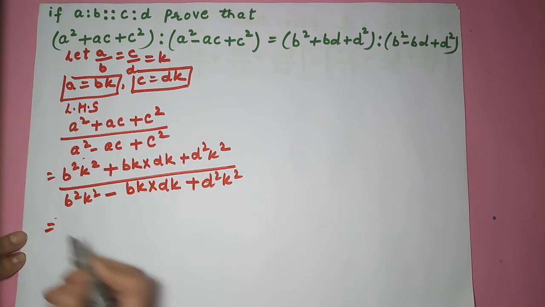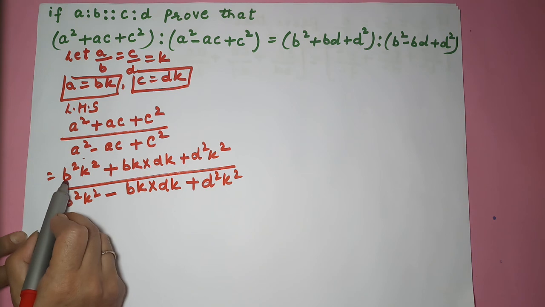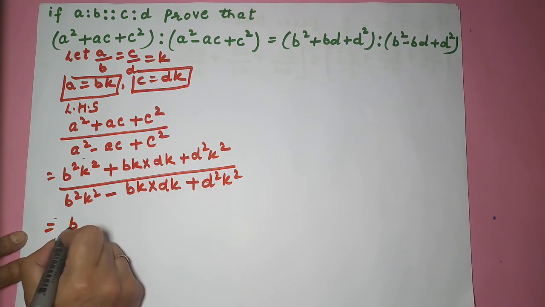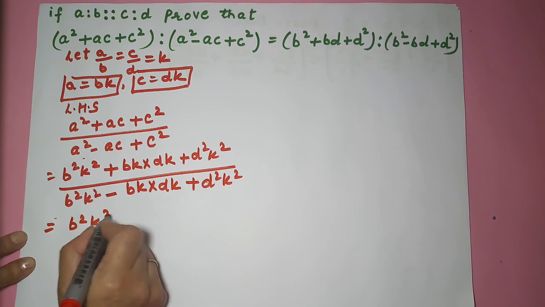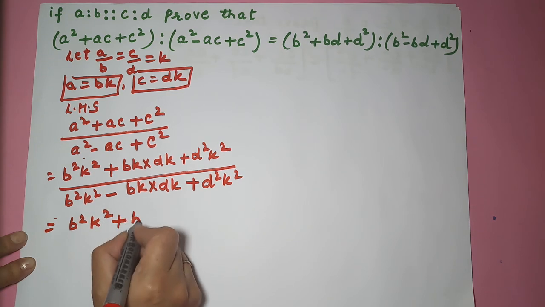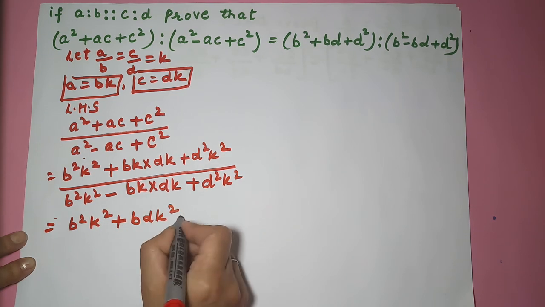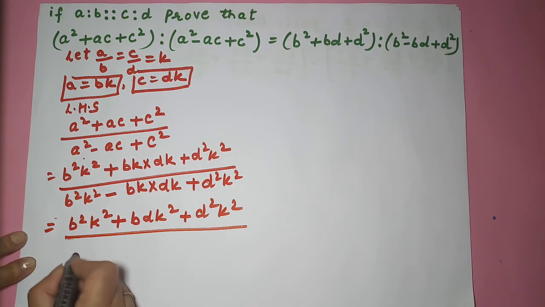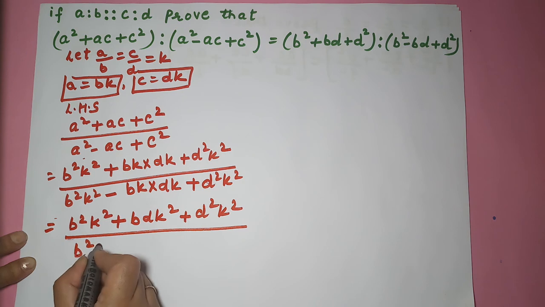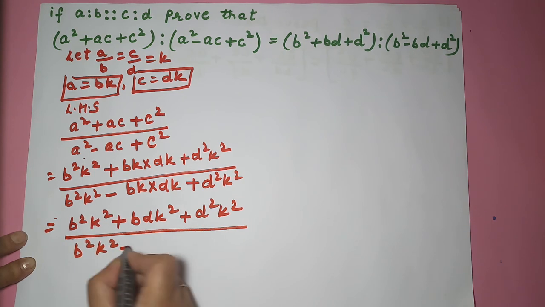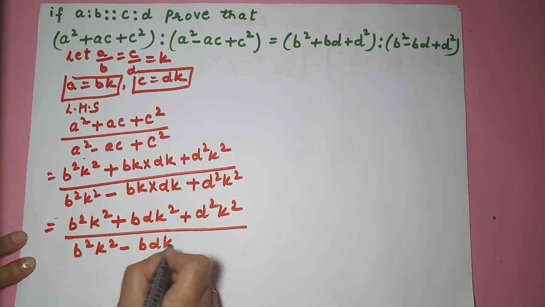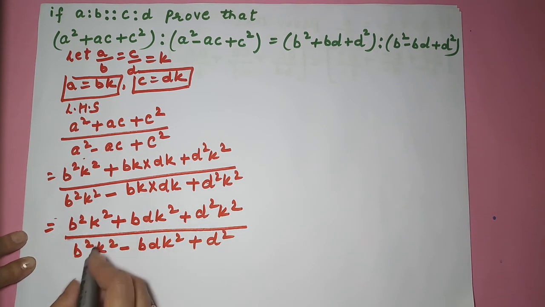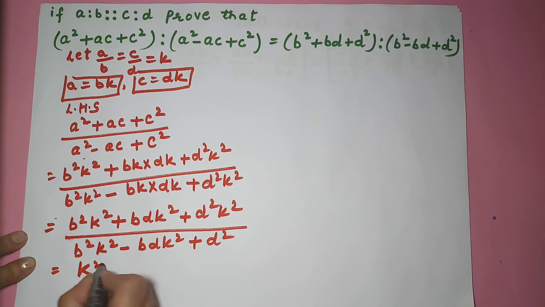Okay, let's look for something that we can take common. In the numerator, what can we take common? Okay, let's first write it in the simplified form. B square K square plus BD into K square plus D square K square. In the denominator, I have B square K square minus BD K square plus D square K square. That means I can take K square common in the numerator.